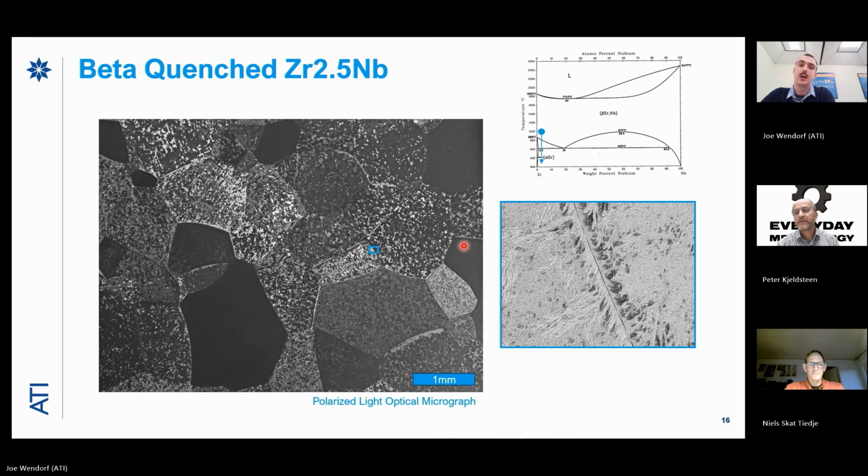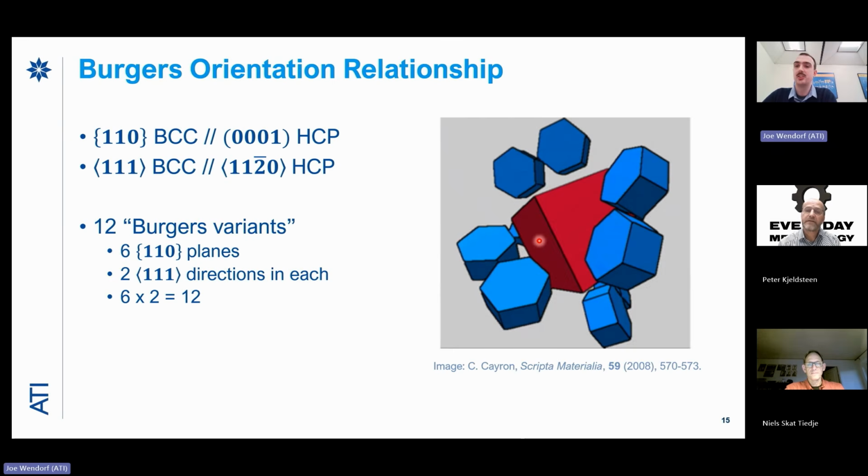Yeah. And then this concept of the Burgers orientation relationship and martensitic transformations, those are used in a whole different range of alloys. For example, shape memory alloys are a good example where they use these precise orientations to be able to remember the shape that an alloy was in before it was deformed.